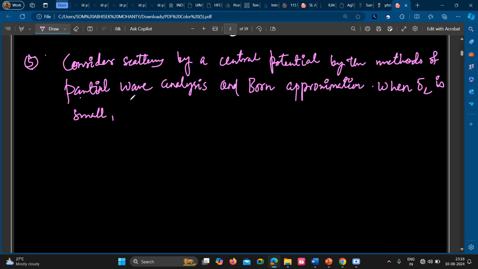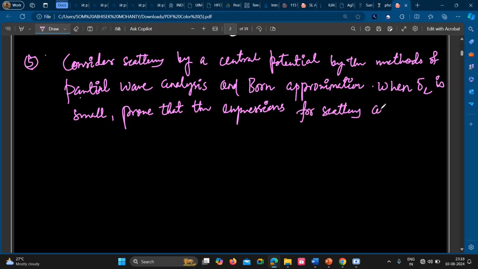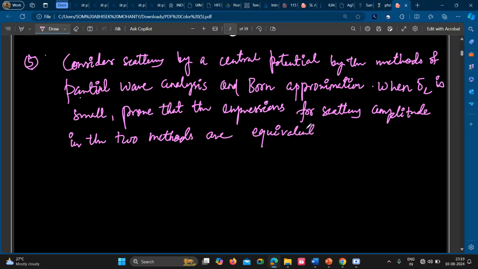Prove that the expressions for scattering amplitude in the two methods are equivalent.